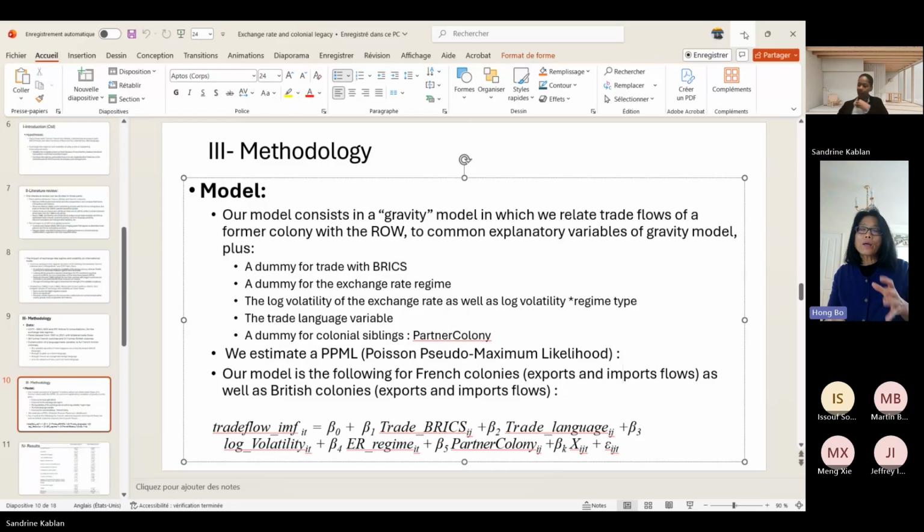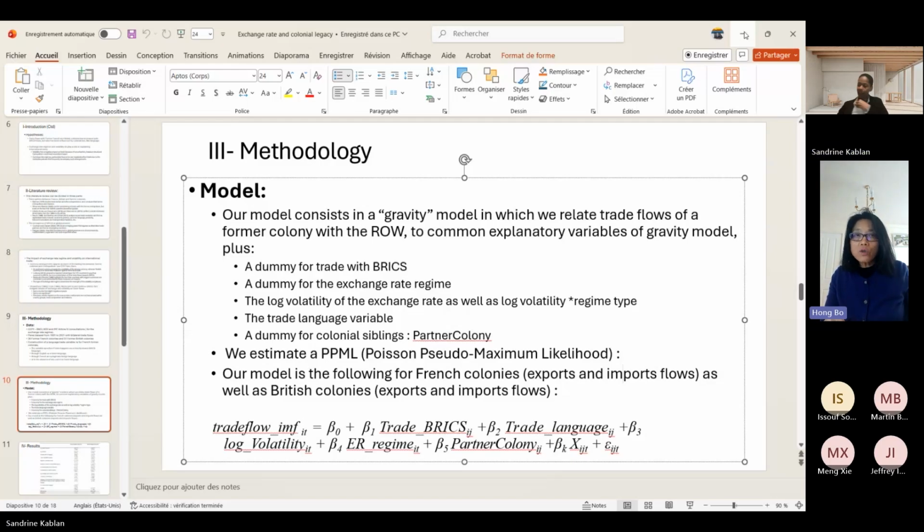You are arguing it is the colonial regimes that are still influencing the trade pattern between former colonial countries and BRICS. And then you choose one important economic aspect, and that is the exchange rate and the volatility.